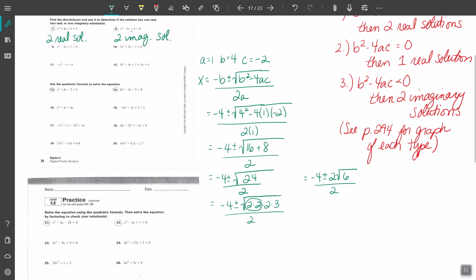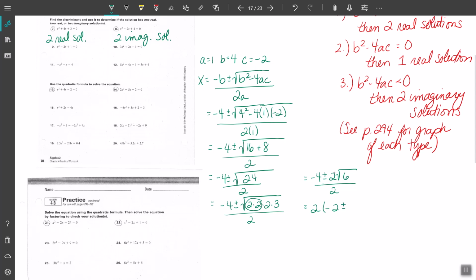All right, now at this point, you can see that we have the possibility of factoring out a 2 at the top there. Okay, so if I factor out a 2 out of the numerator, I'm going to end up with a -2 plus or minus.